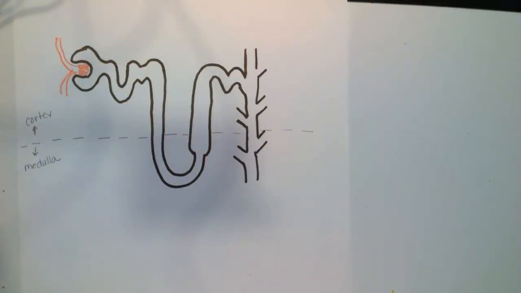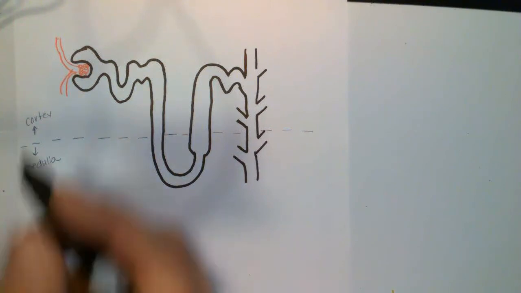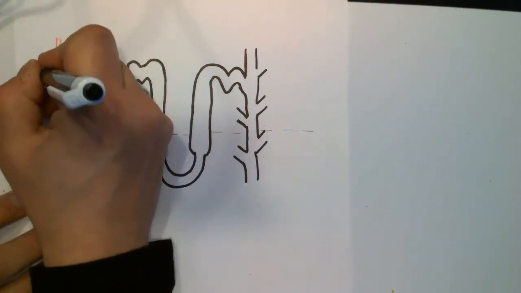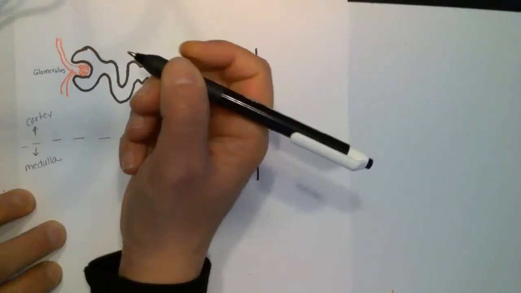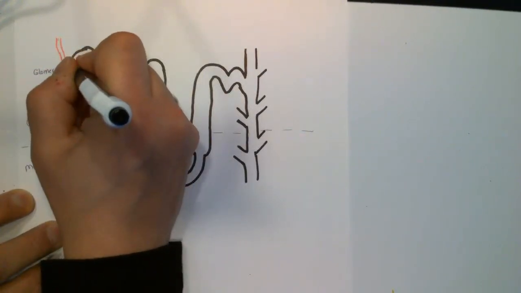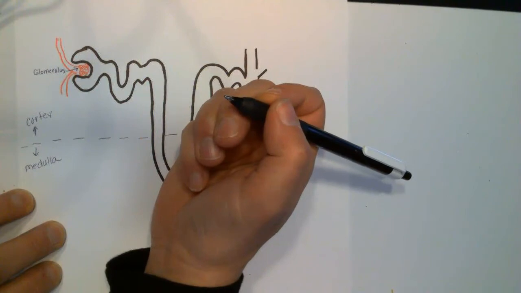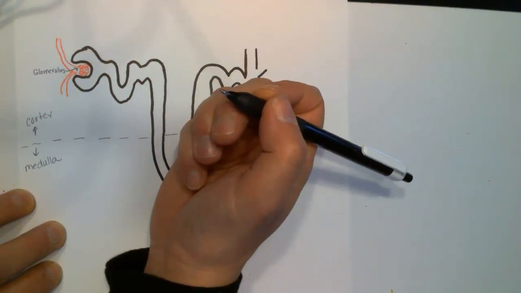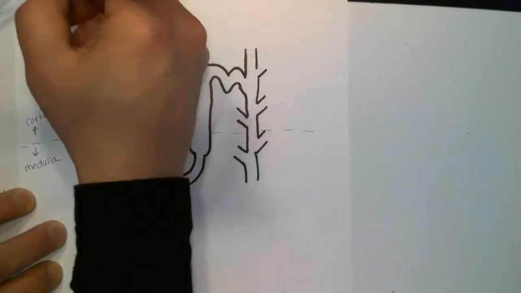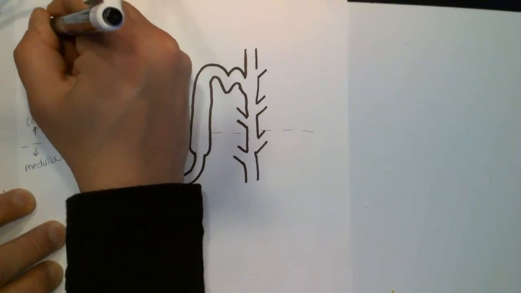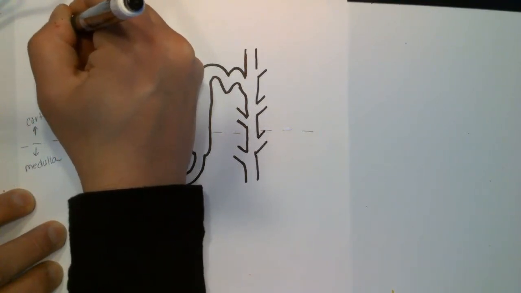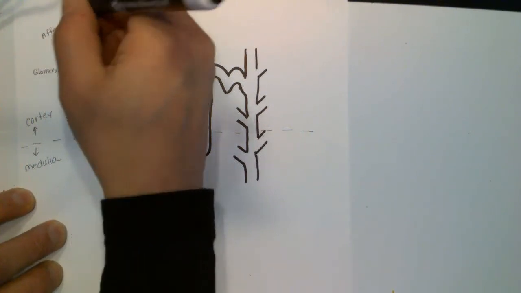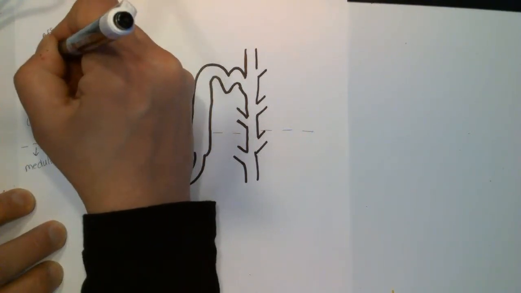Now, this structure that's in red here is called the glomerulus. And basically, I'm going to put that arrow there in the middle. The glomerulus is going to be a bunch of capillaries. So this is going to be the afferent arteriole. Okay, so blood's going to enter in through here.